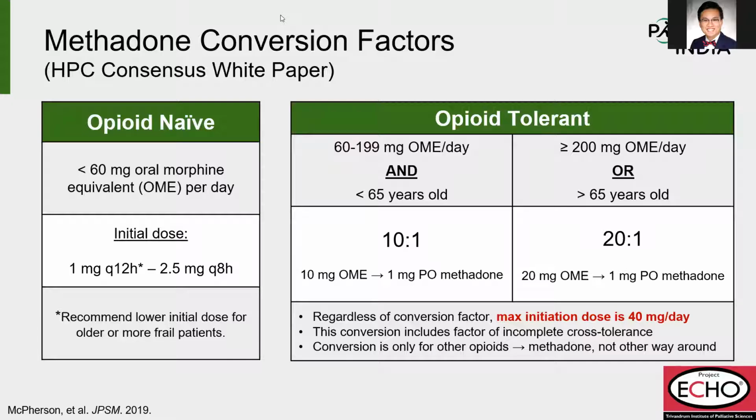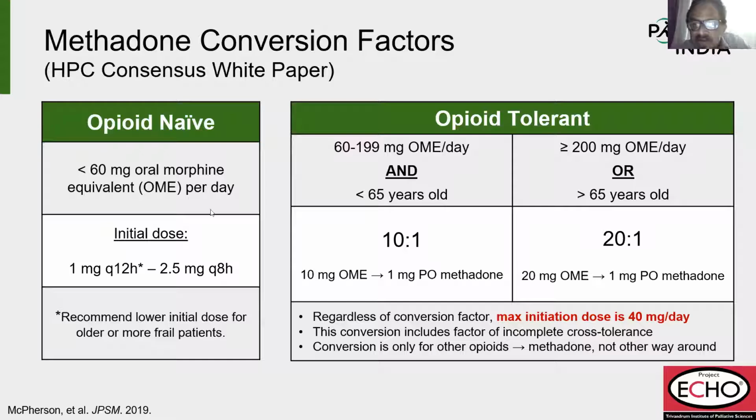I would just err on conservative dosing and waiting sufficient time, maybe 10 to 14 days before we do dose adjustments, because we anticipate they may have slower metabolism. And if they're on the opioid naive end of their requirements, then I would probably start them on 1 milligram every 12 hours.